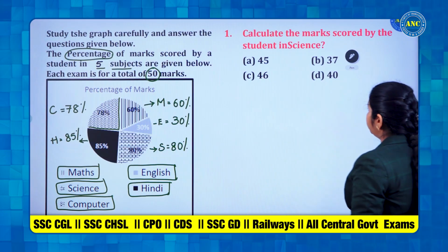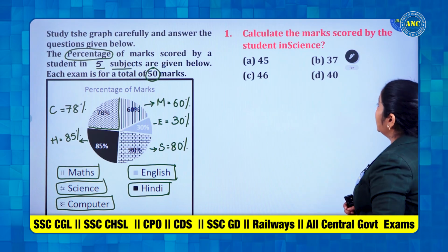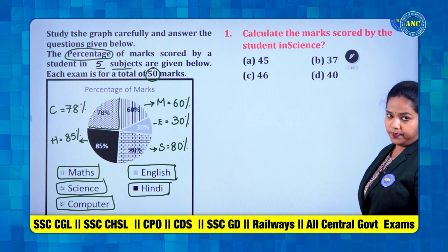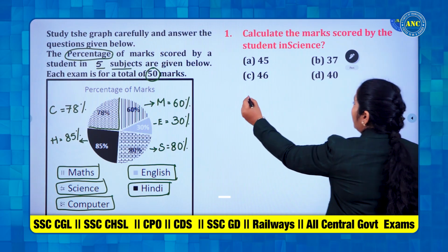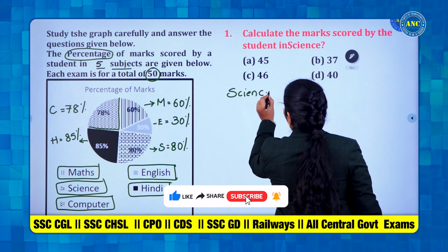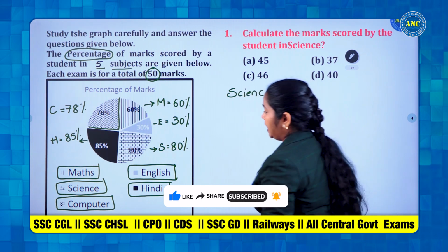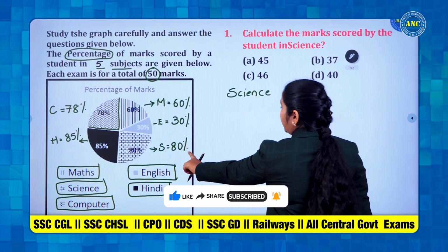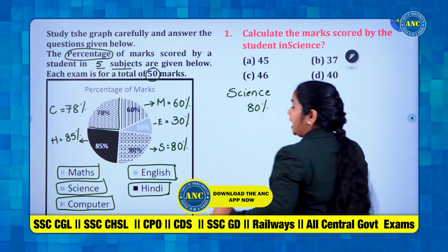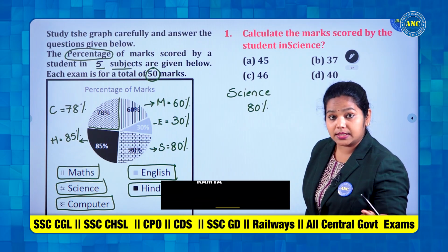So, in the question, what it is given? Calculate the marks scored by the student in Science. Marks scored by the student in which subject? Science. Okay. Let us go and see in Science how much percentage the student got? 80%. Yes. 80% of what marks?